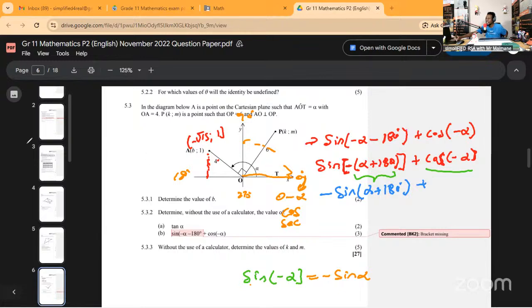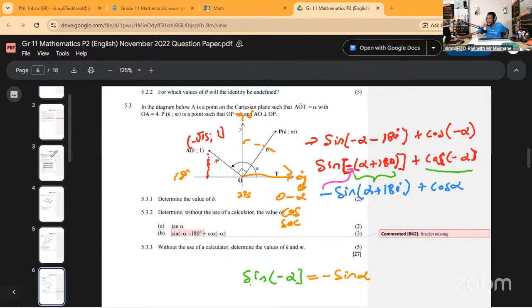For cos, since it's on the fourth quadrant, cos has to be positive for that angle of 0 minus alpha. So this is gonna be plus cos alpha, because cos of negative alpha is positive. So far, this negative comes from the mysterious negative we had there.